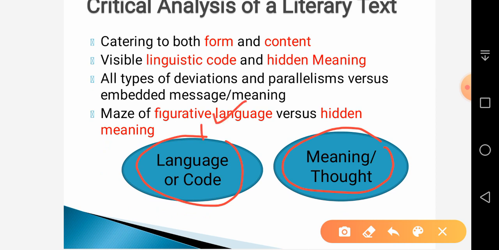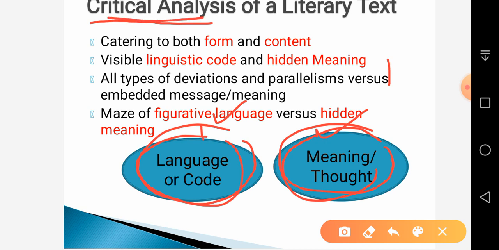One is language or code, which we can see on the surface on the printed page, and there is another ingredient known as meaning or thought. Now, in a critical evaluation, or critical analysis or critical appraisal, a literary critic has to cater to both language and meaning.